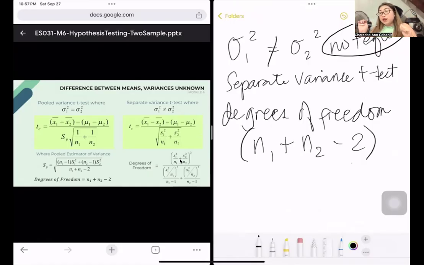Like your variance over your sample size of the first population plus the variance of your second sample over the sample size of the second sample, quantity squared, over your variance of the first sample over your sample size, squared, over your degrees of freedom of the first sample, plus the variance over the sample size of the second, squared, over your degrees of freedom of the second sample.